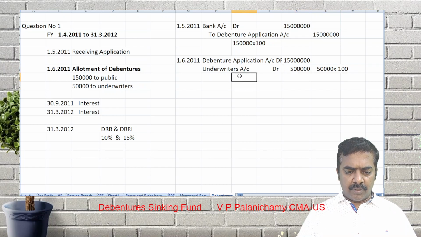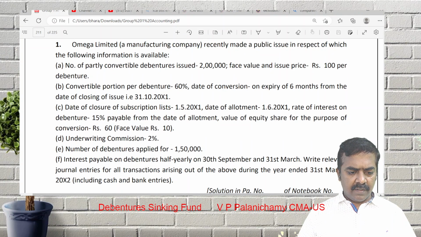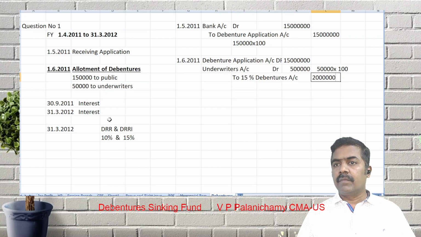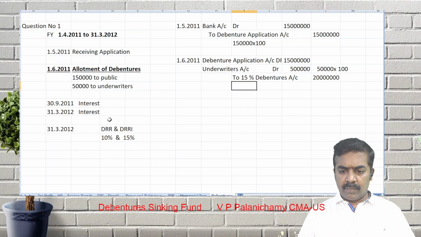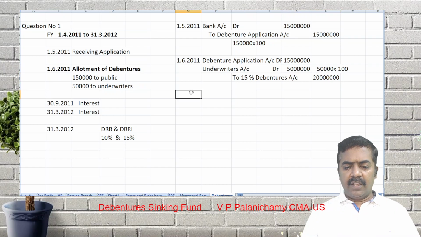To 15% debentures account. Narration is mandatory. So total how much it comes? 2 crores.